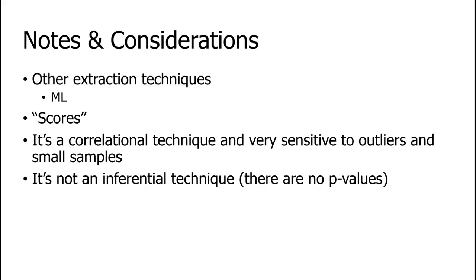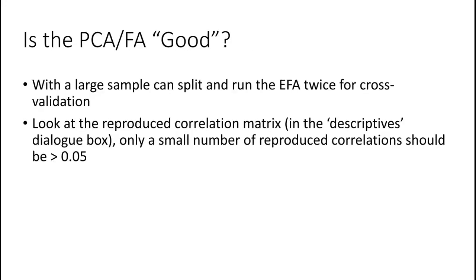What's more common in a large sample is the exploratory factor analysis is followed by the confirmatory factor analysis in the other split half. And you can look at the reproduced correlation matrix because remember, we started off by saying mathematically what's happening behind the scenes is the model is attempting to reproduce to the extent possible the original correlation matrix. So you can look at the reproduced correlation matrix, the correlation matrix that's implied by the factor model.